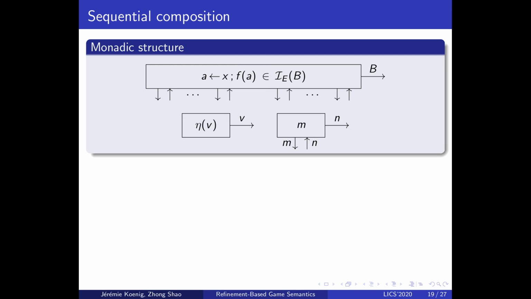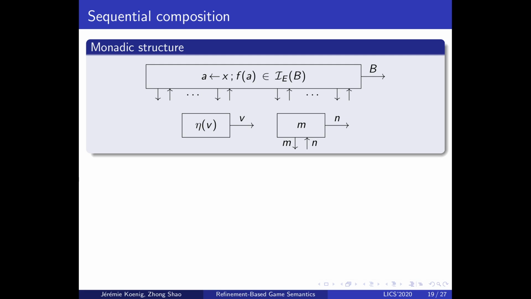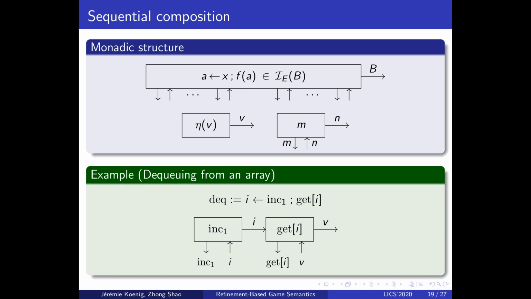The unit is a simple computation which immediately returns a given value v, and we can also define for each possible question m in the signature an elementary operation which asks that question and returns the answer. So by combining these, we can describe the dequeue operation in an easier and more familiar way.